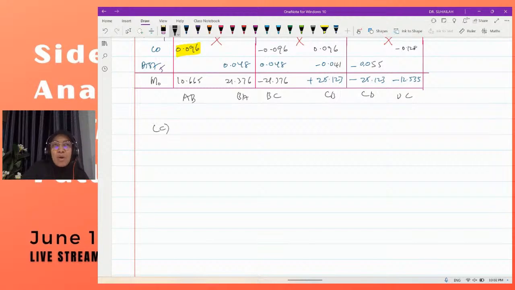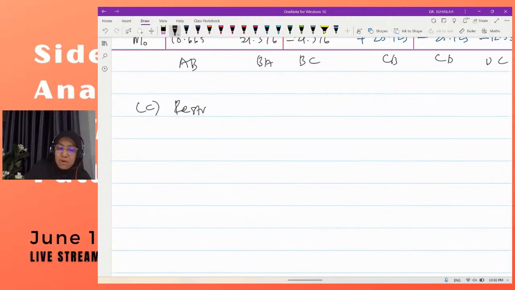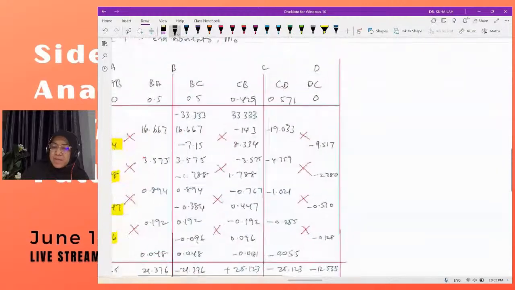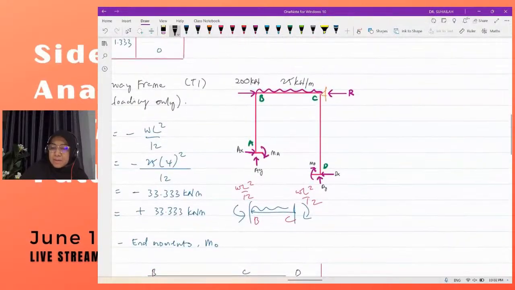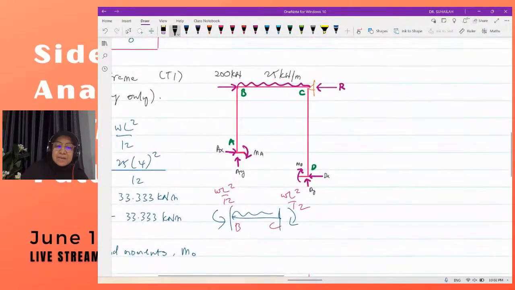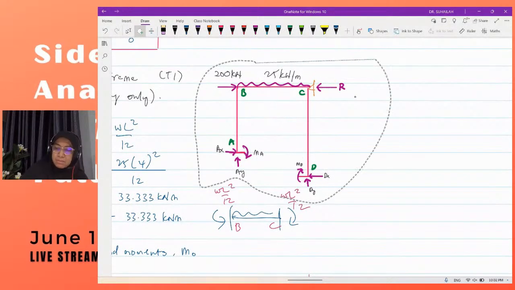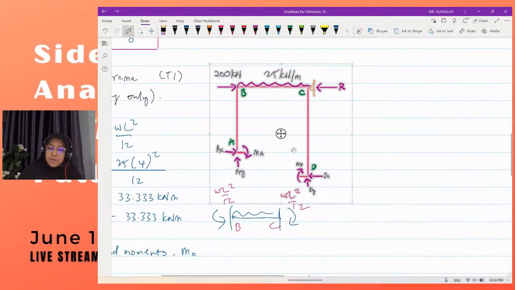This step we are going to determine restraining force R, referring to this diagram as well.